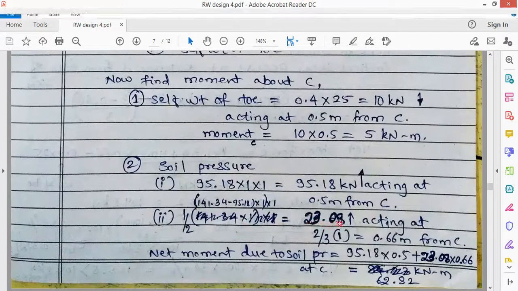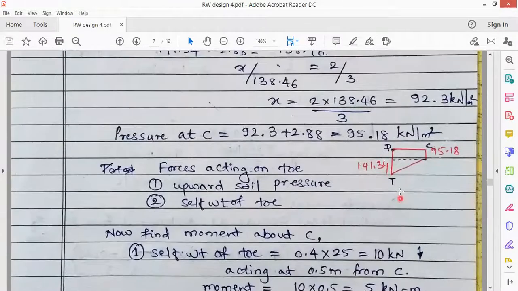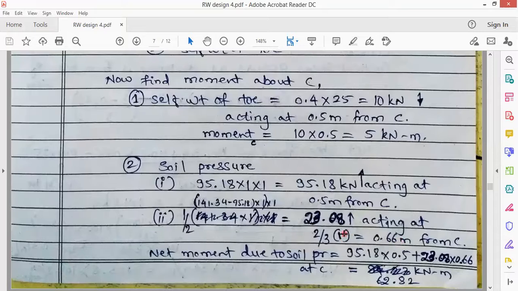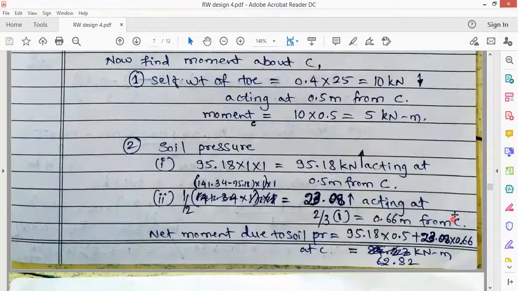So it is 23.08, again acting in the upward direction. And where it is acting? Here it is the base of the triangle, here it is the tip of the triangle. So from this it is 2/3 of the length. So length is 1 meter, 2/3 of 1 meter, it is 0.66 meter, means this force is acting at a distance of 0.66 meter from C point.